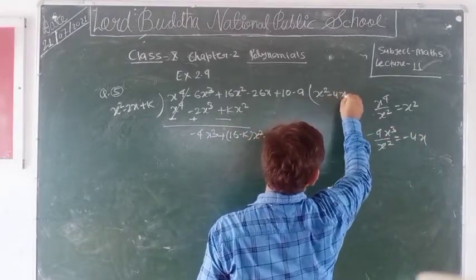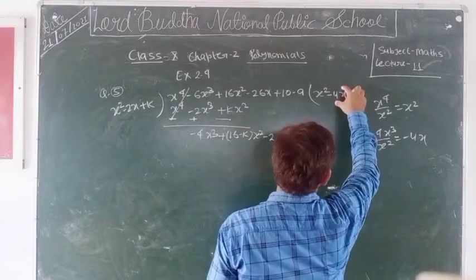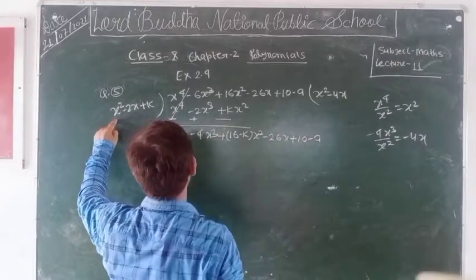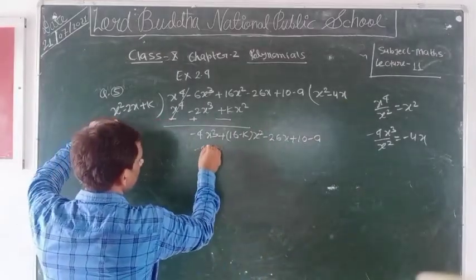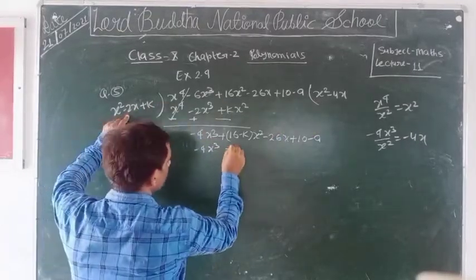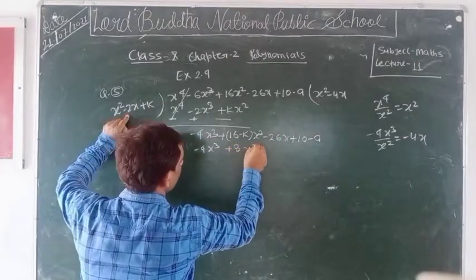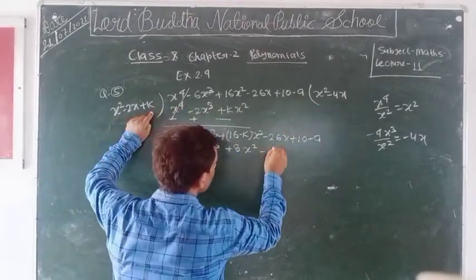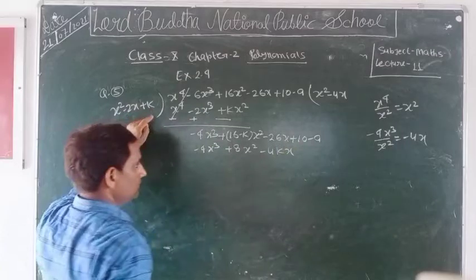Here we write minus 4x in the quotient and we multiply minus 4x to these terms. Here minus 4x cube, minus into minus, plus 8x square, and 4 into k is minus 4kx.